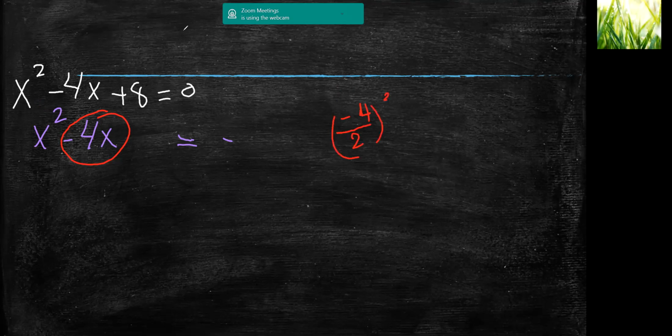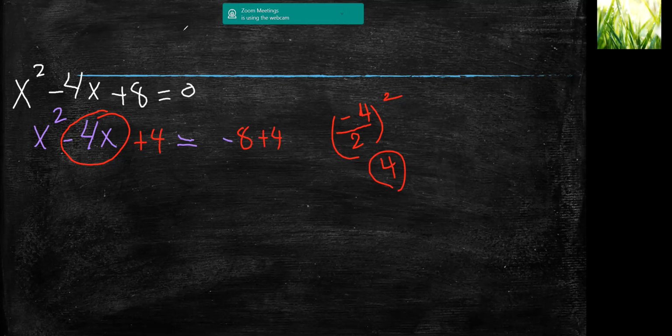Is it right? Yes. Negative 4 over 2, negative 2 squared, 4. So plus 4 on both sides. So I will add 4 here, and I will add 4 here. Then after that, here I have x squared minus 4x plus 4.